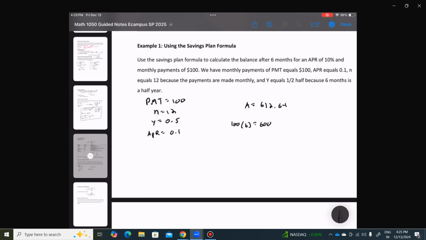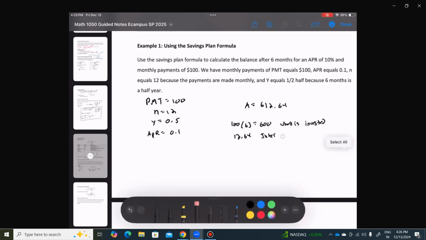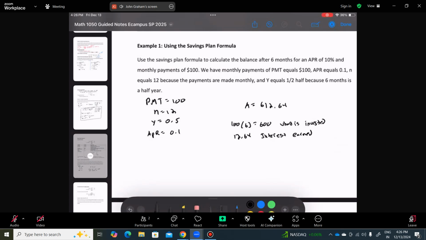That's what's invested. And then 12.64 is the interest earned.